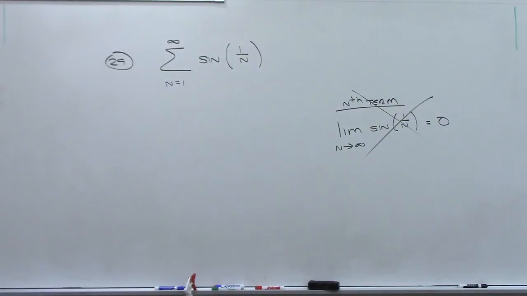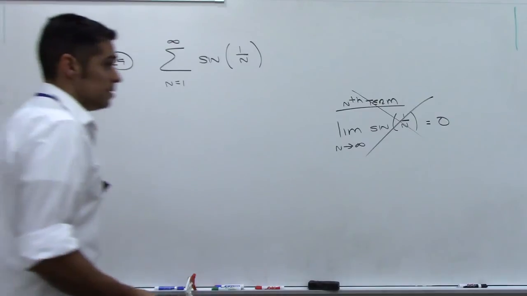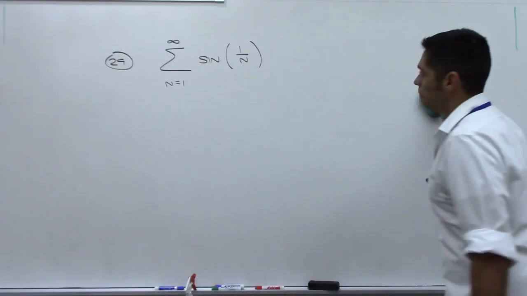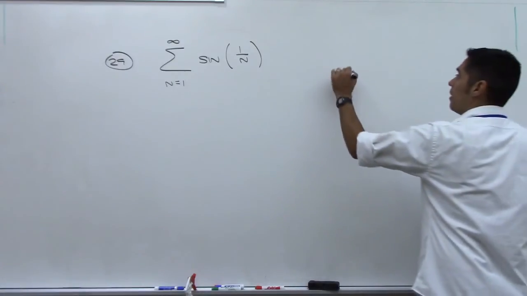So, do I want to try and integrate that? Sine of 1 over n? Do I want to compare it to something? What in the world do I compare that to? I mean, this is not obvious at all. Could we even integrate that? Let's just think about this.